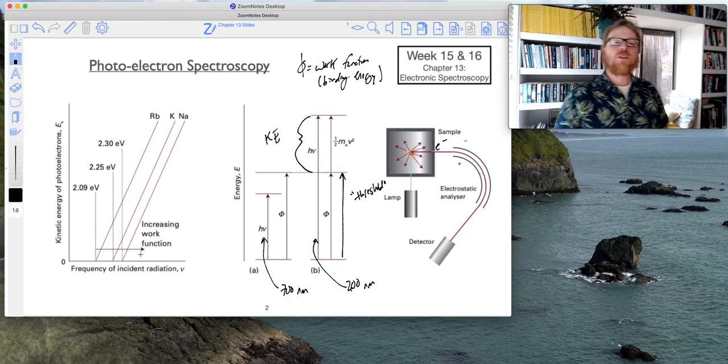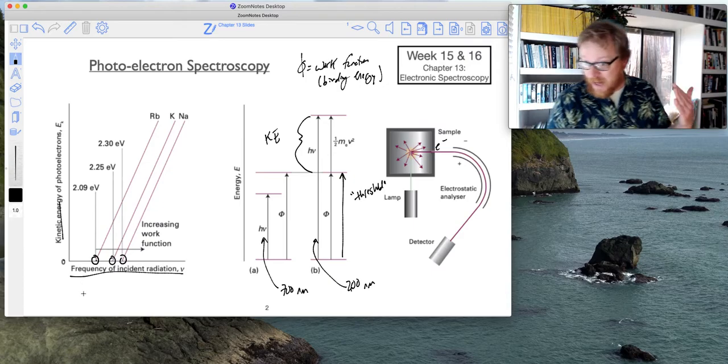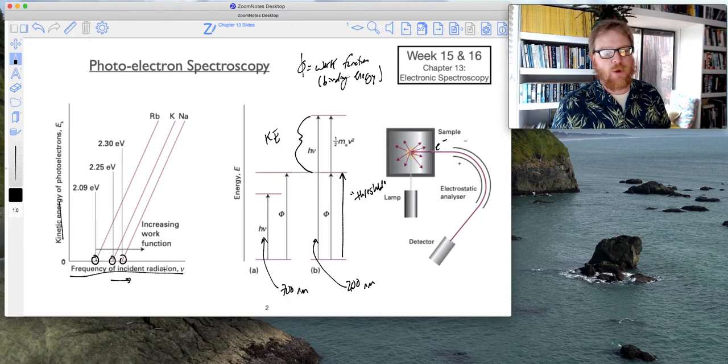Okay. So as it turns out, if you increase the frequency of incident radiation, you'll see a linear increase in the kinetic energy of the photoelectrons. And if you recall here, this intercept gives us the threshold ionization, right? Because if we backtrack all the way down here, you can see this corresponds to an electron with 0 kinetic energy, which is exactly what you need for threshold. And as you increase the frequency of incident radiation, you'll get a linear increase in the kinetic energy of the electron.